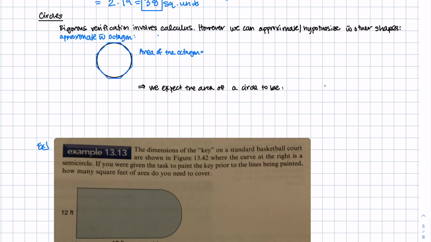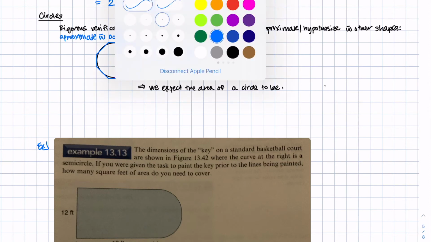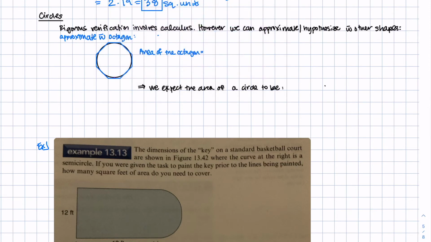You might notice we can get a better approximation if we use more sides. So instead of an 8-sided figure, a 10-sided figure, or a 20-sided figure, or a 100-sided figure would give us a better approximation. And basically that's the idea of what calculus does here to rigorously justify the definition of the area of a circle. But we're not going to go into that much detail. We're just going to use a pretty good approximation.